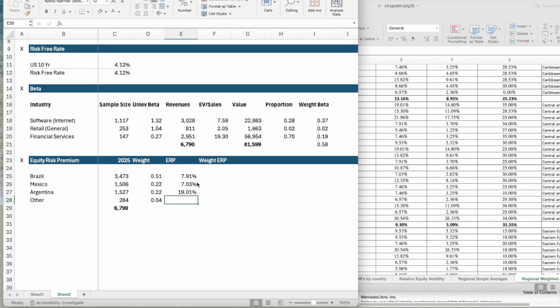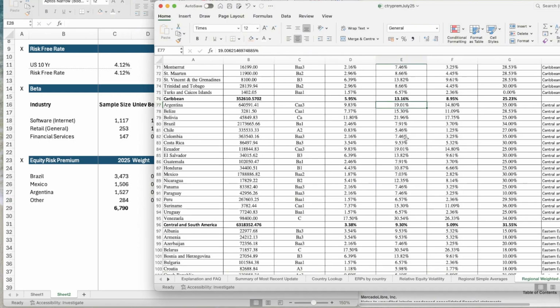Then this other. The main revenue from this is going to be from Chile, Uruguay, 6.57, Colombia, 7.46, Panama.